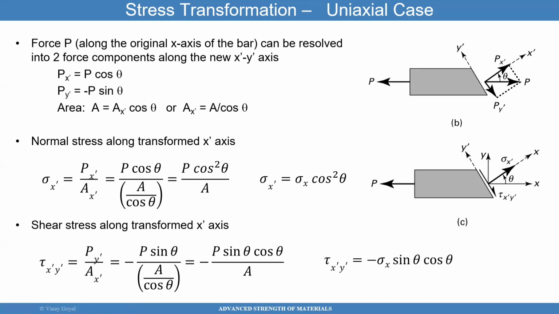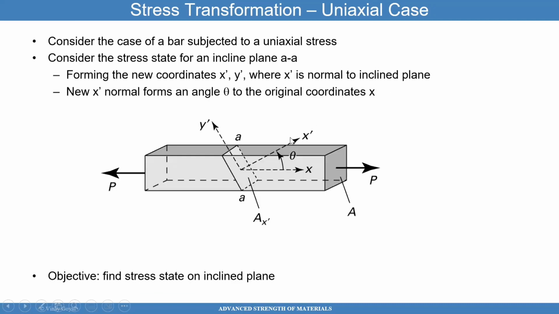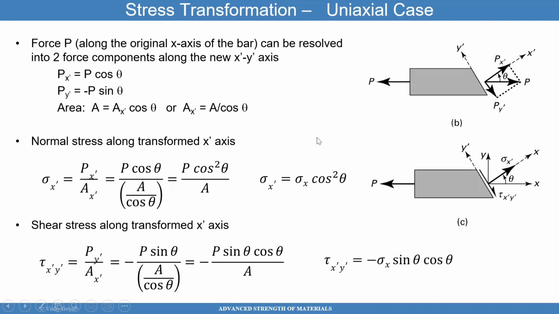So if I were to look at this force P here, I can look at the reaction force on this oblique plane to see what's going on. That force P also should be the same amount because the summation of forces in the x direction is 0.